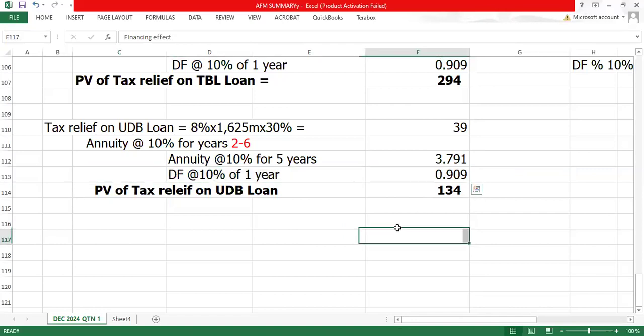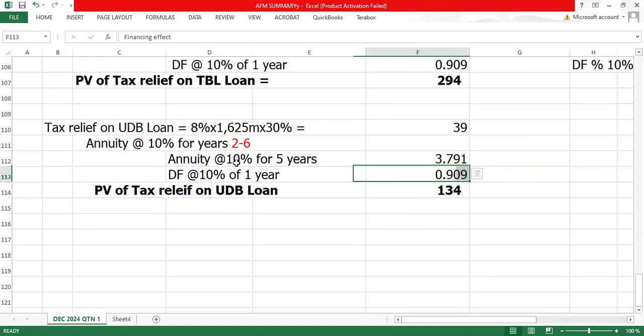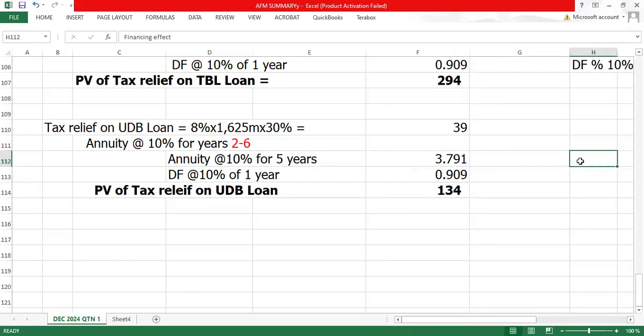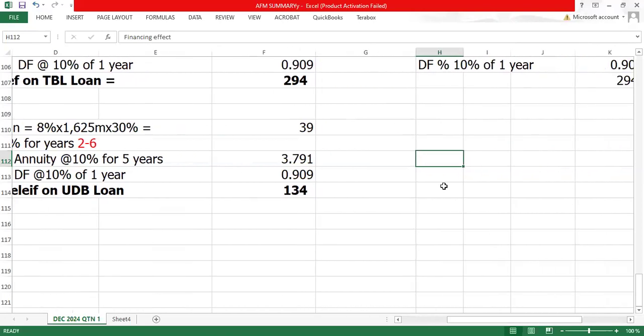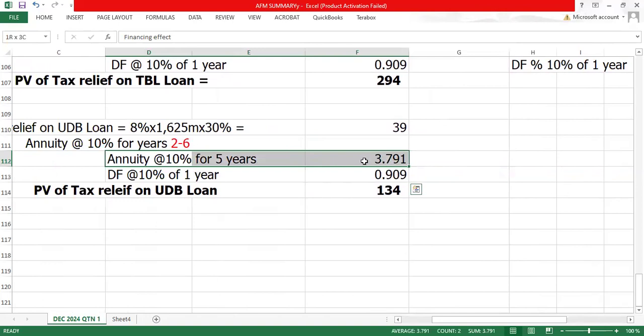You simply rely on only the first one. If you realize that the taxes are paid in the year you make profits, then you don't need to add this one. You simply stop here.